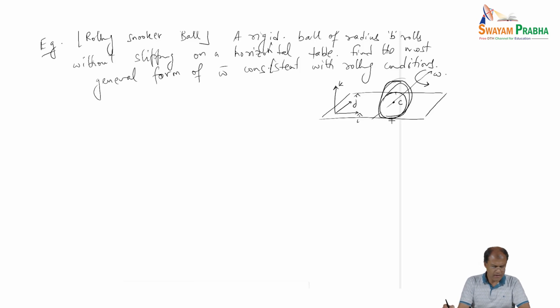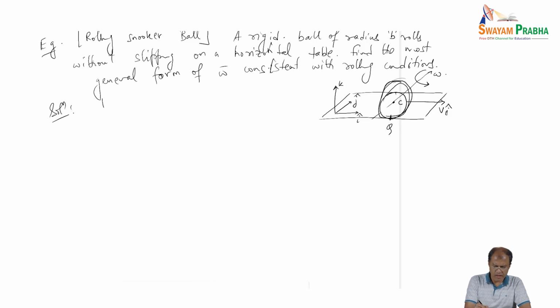And then let us say the point of this ball which is touching the surface of the table is Q, and let us say the translational motion of the ball is given by V of I. So this is moving forward, and this is the setup here.